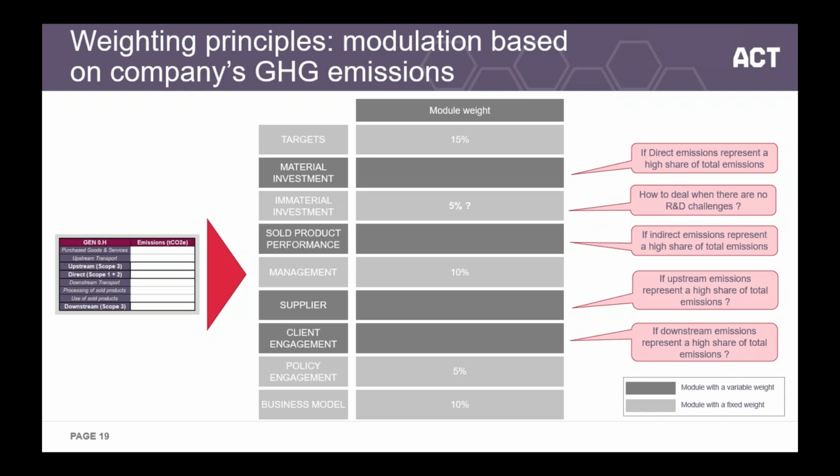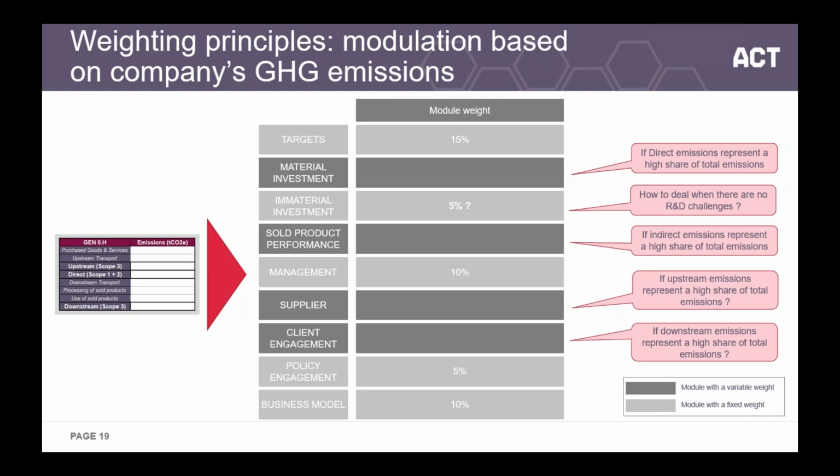On the other hand, if we have a company selling products that will require energy use in its life cycle, and if we have important indirect emissions in the profile of the company, the use of sold product performance module may have a higher weighting in this regard.